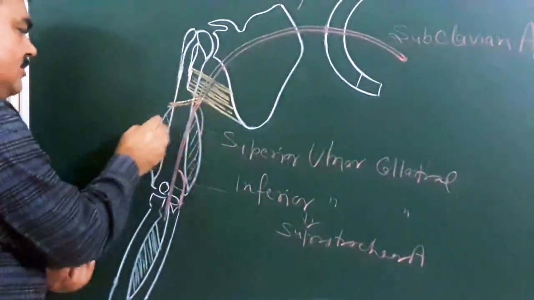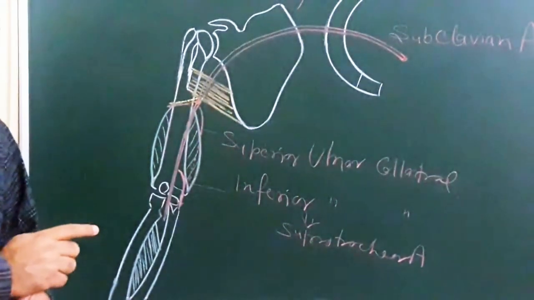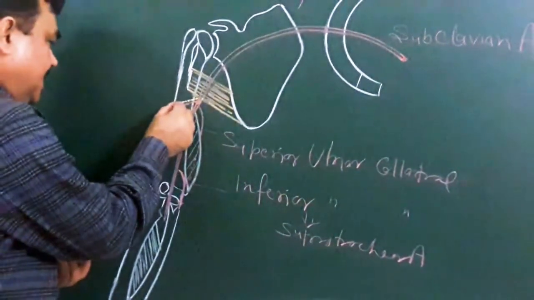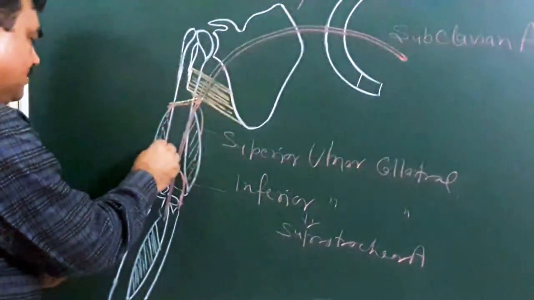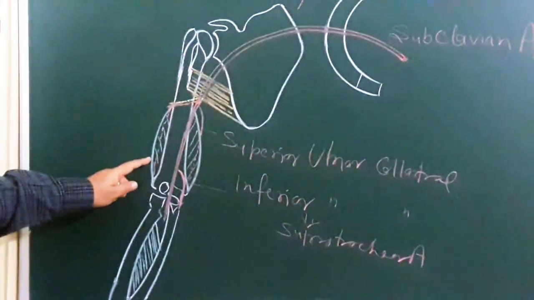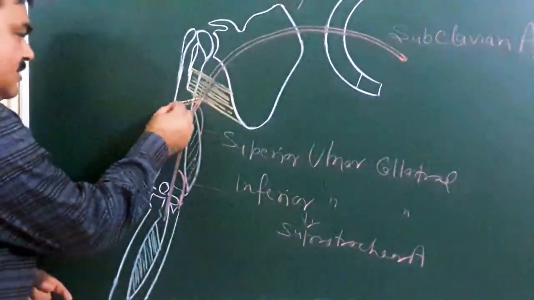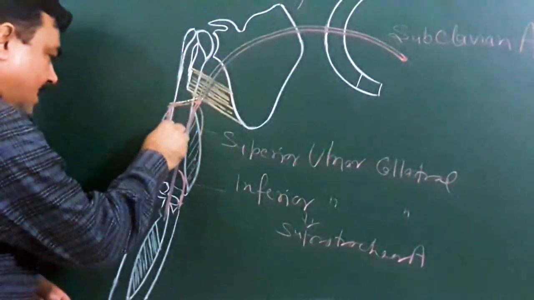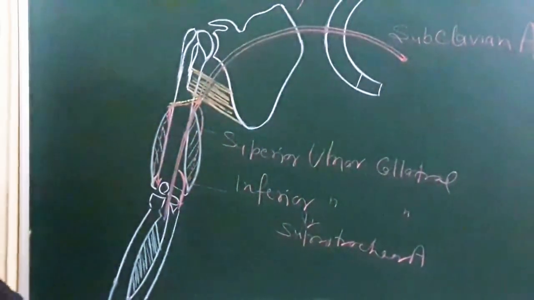One branch lies behind this lateral intermuscular septum, that is the posterior descending branch. It is situated behind the lateral intermuscular septum. And there is the anterior descending branch, which pierces the lateral intermuscular septum and becomes anterior to it.